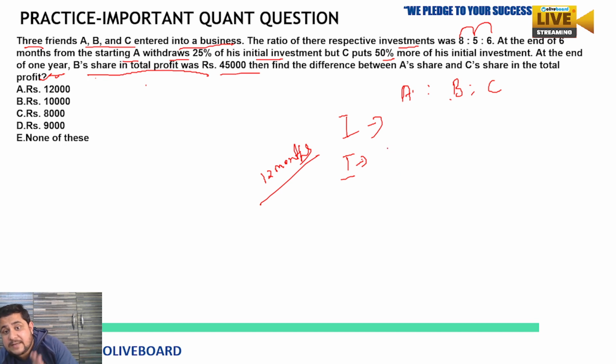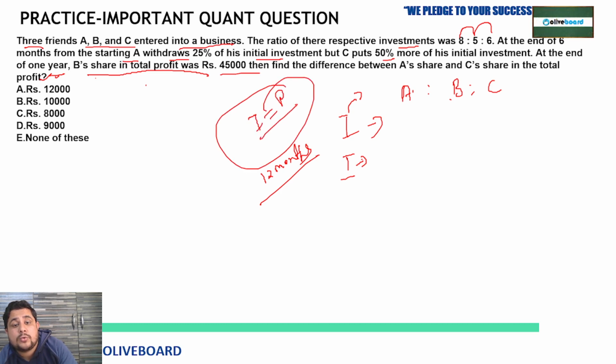Otherwise, if the time is same and investment is also not changed, then you can go directly, investment ratio will be equal to profit ratio. Remember this: when time is constant, means time is same for all the investors, they have invested for same time, and the amount which they initially invested is not changed during the whole duration, then investment ratio equals profit ratio.